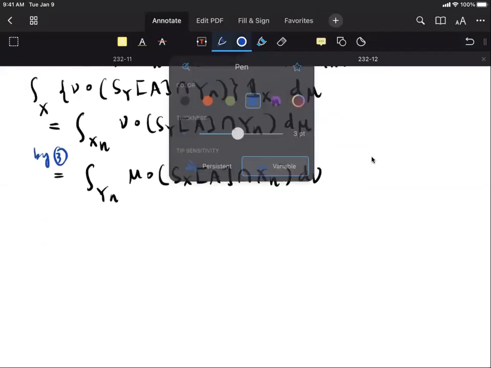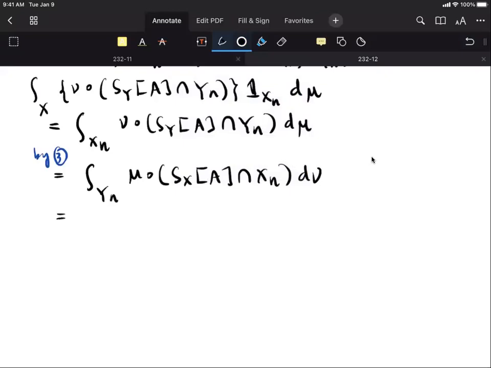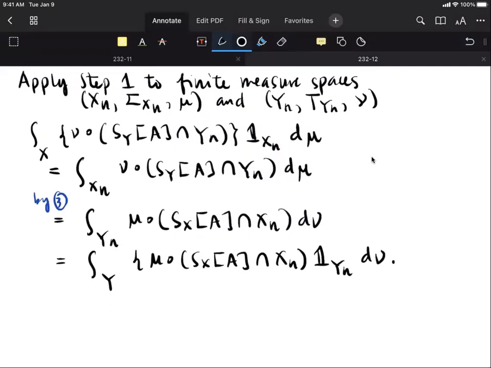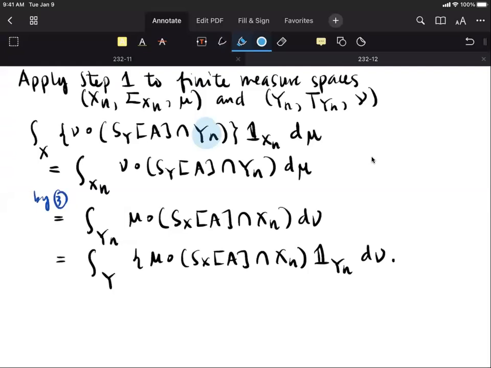And you can go back, of course. It's now the integral over yn of mu of Sx of A intersection xn times the indicator function of yn d nu. But now this should be y. Okay, so this establishes so far having these terms.